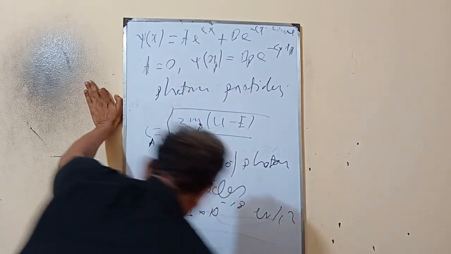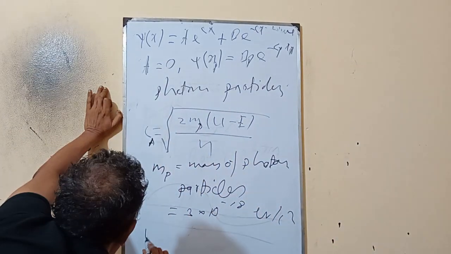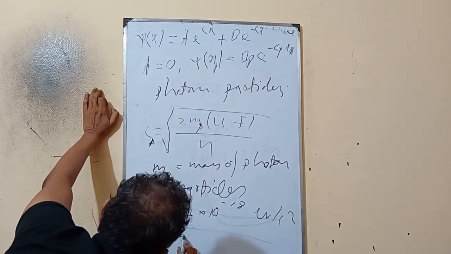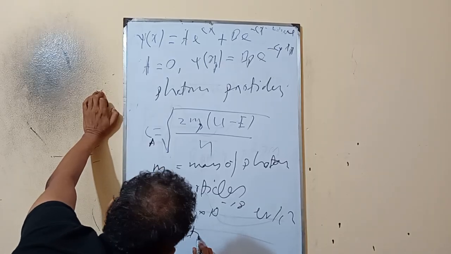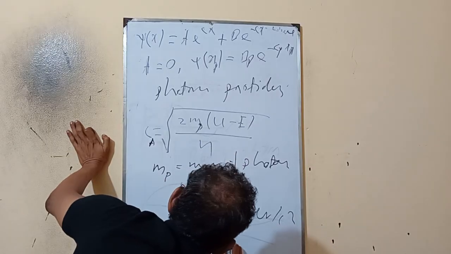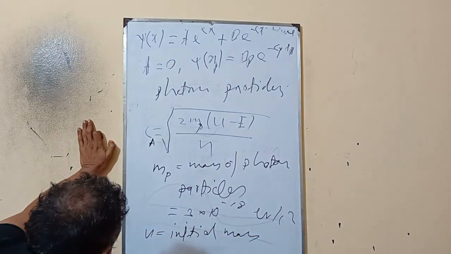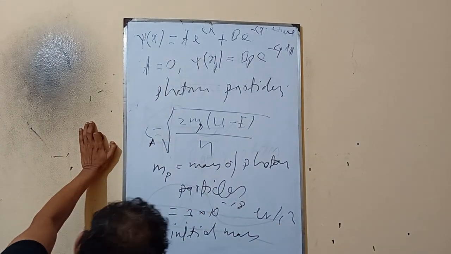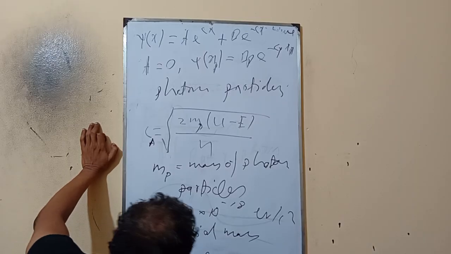And there is a U. What is the U? Initial mass. And E is equal to last mass.